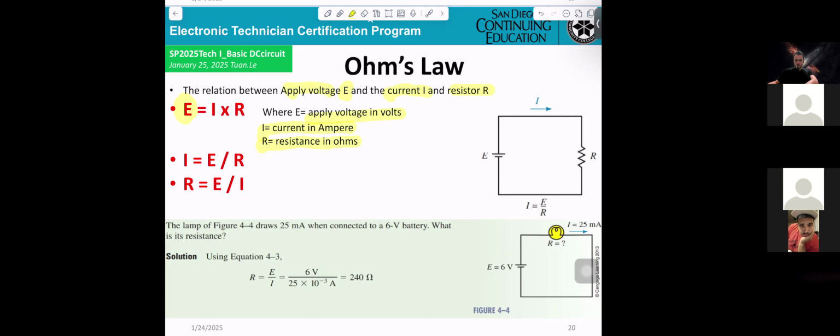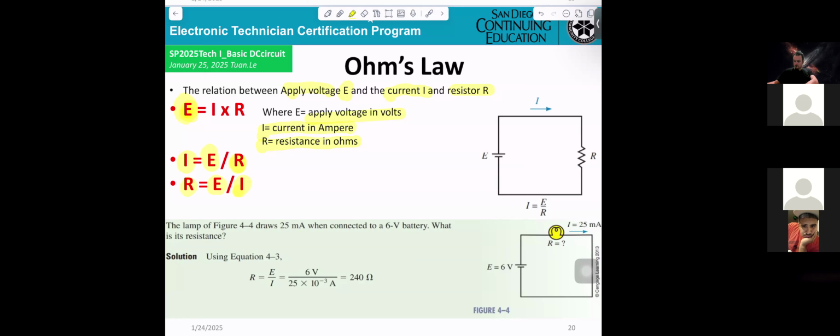That's what they call Ohm's law. From this formula, you can calculate I easily: I equals E divided by R. Or you can calculate resistance: R equals E divided by I.